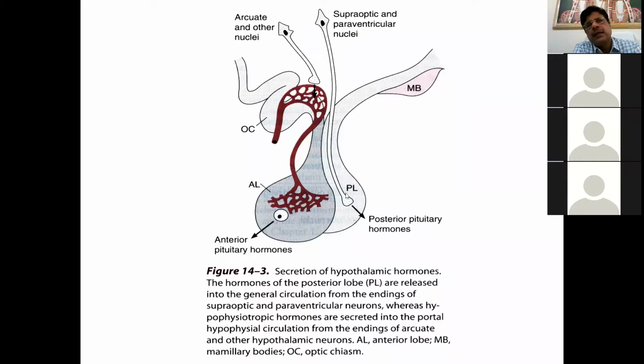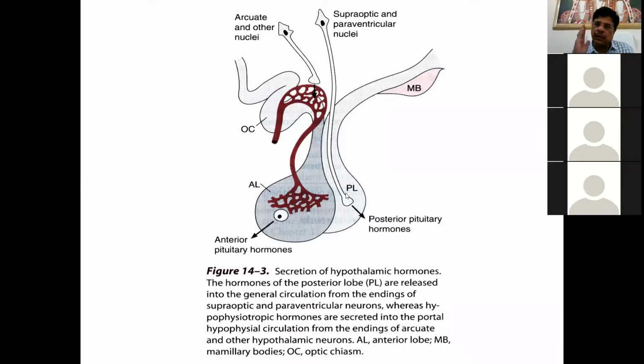Traditionally we used to teach that the acidophilic cells are the ones which secrete growth hormone and prolactin, whereas all the other hormones, TSH, FSH, LH, and ACTH, are secreted by the basophilic cells. This is what we have been teaching, but almost 25 or 30 years back, this concept changed.